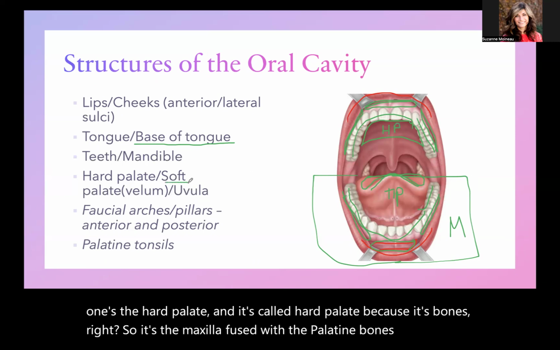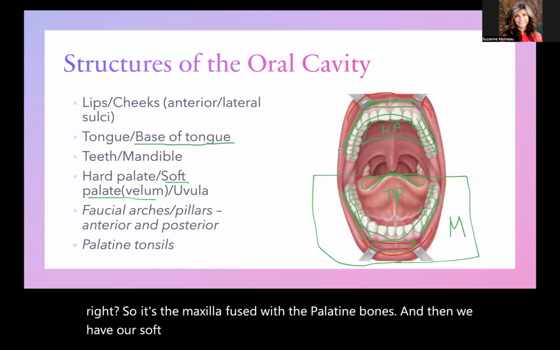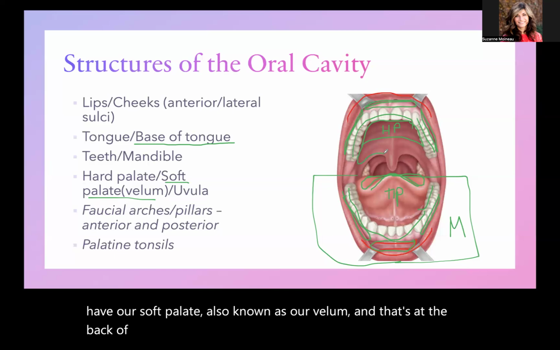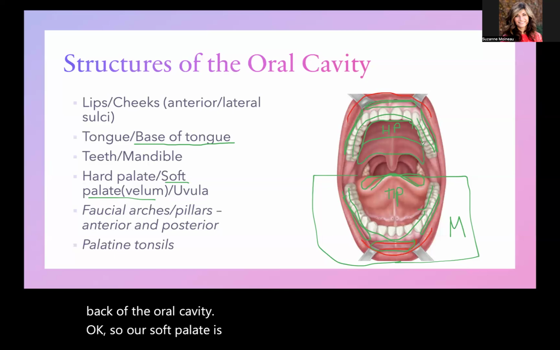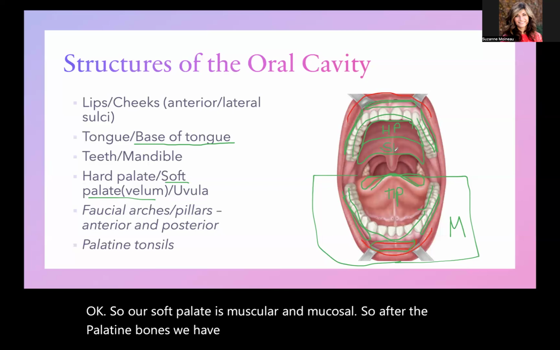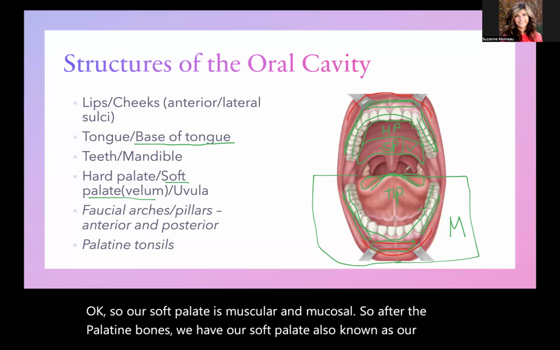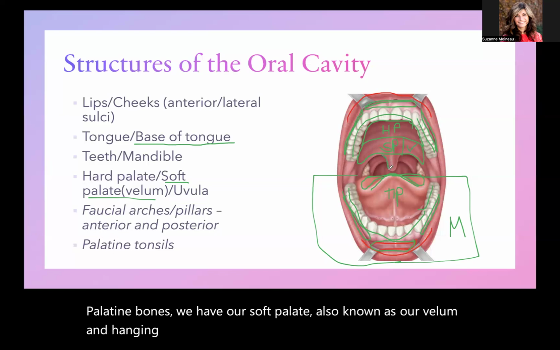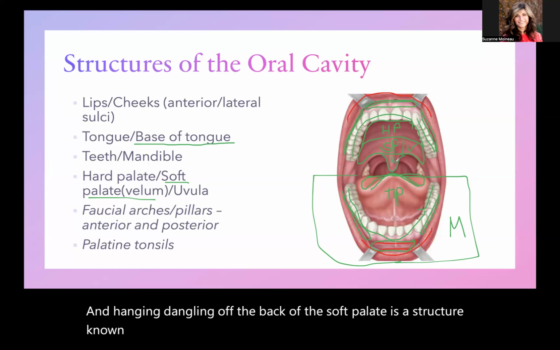And then we have our soft palate, also known as our velum, and that's at the back of the oral cavity. Okay, so our soft palate is muscular and mucosal. So after the palatine bones, we have our soft palate, also known as our velum. And hanging, dangling off the back of the soft palate is a structure known as the uvula.